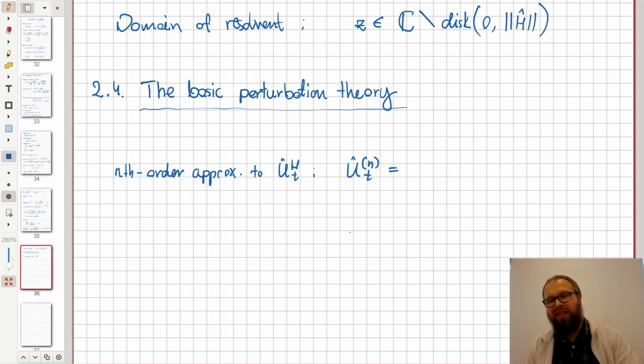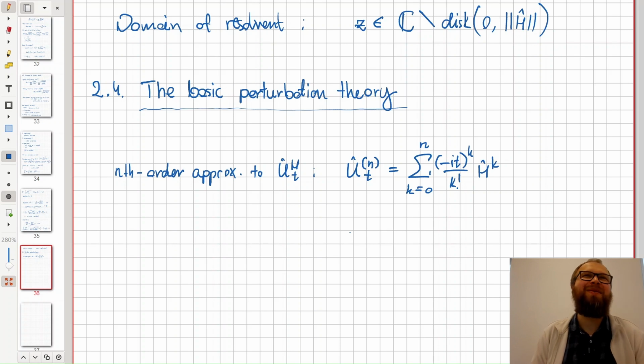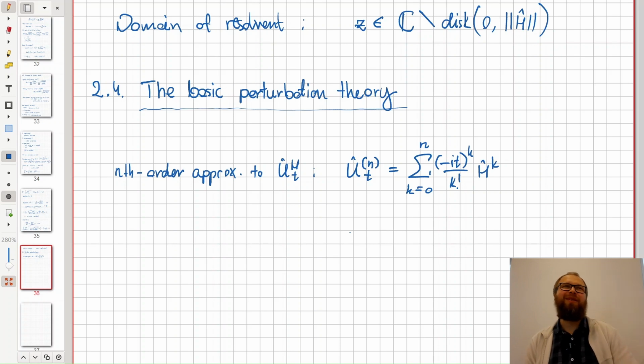I use this notation, capital E with n, which is the sum with k going from 0 to n, and our terms here would be (it)^k divided by k factorial, H^k. So that's the most basic thing we can do. We are basically fulfilling the contract of the series, taking just n terms.